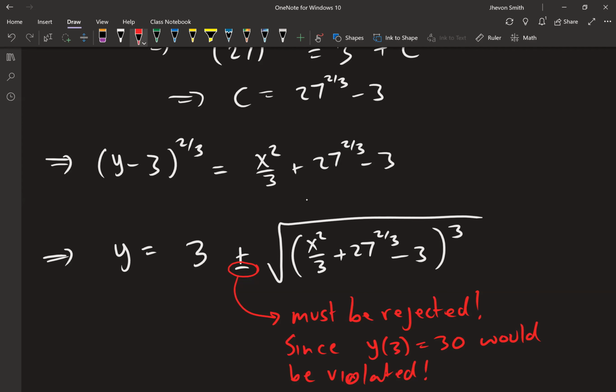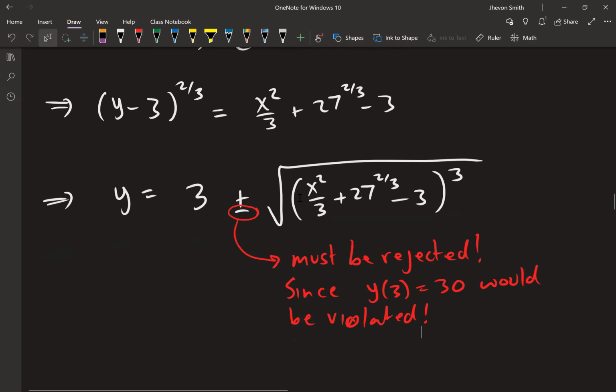Because if I plug in 3 for x inside here, this whole square root would simplify to 27. And if I take 3 minus 27, I would not get 30. However, if I take 3 plus 27, I would get 30. So that gives us the actual solution.